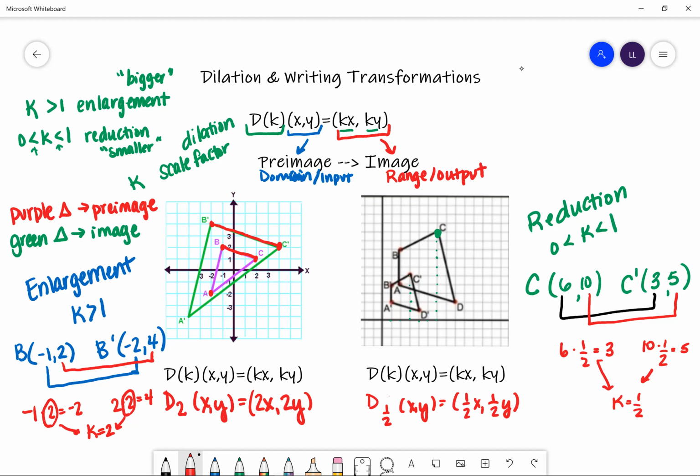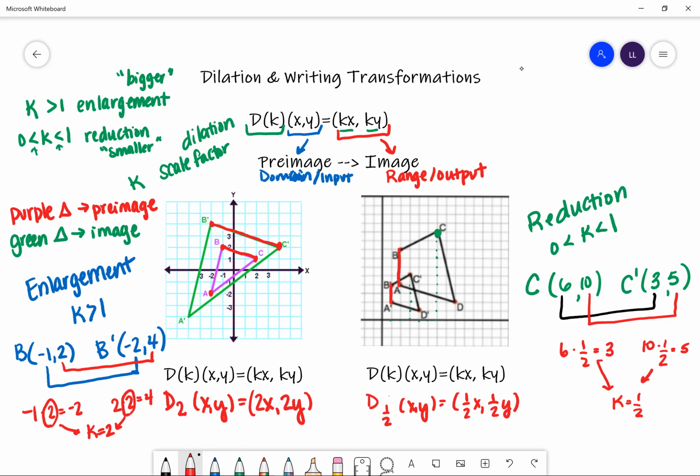And like we did over here, you can go ahead and check the lengths to make sure. So I'm going to check this length right here, AB. That's 4 for AB, and A prime, B prime is 2.